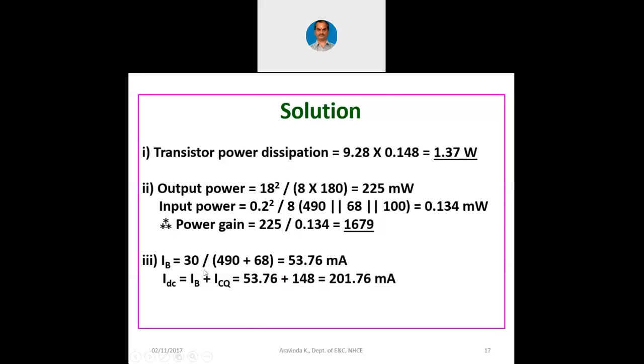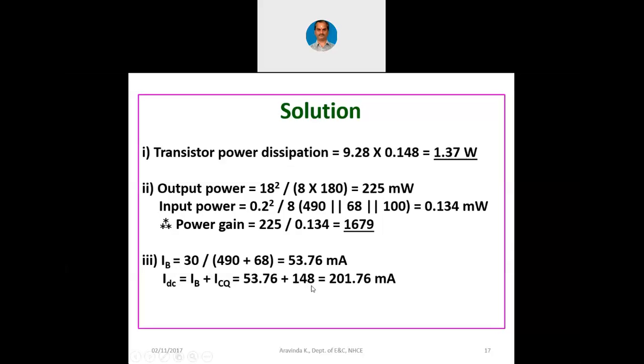So maybe in the slide I will have to change it now. Instead of IB, let me change it to the current through R1 and R2, or IR1 is equal to IR2, ignoring IB for that matter. So this is now 30 divided by 490 plus 68, 53.76 milliampere. Totally, the DC current consumed by the circuit is: the current at the base side is 53.76 milliampere, and the current at the collector is ICQ, already 148 milliampere.